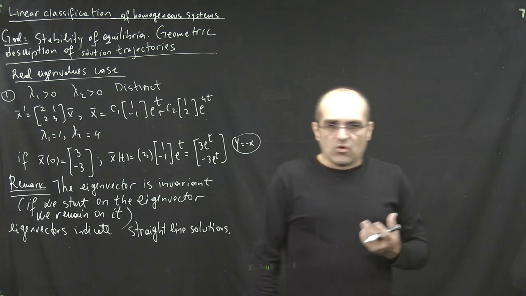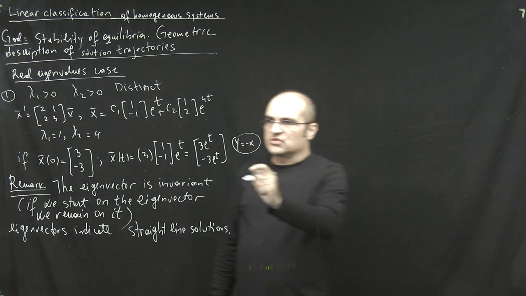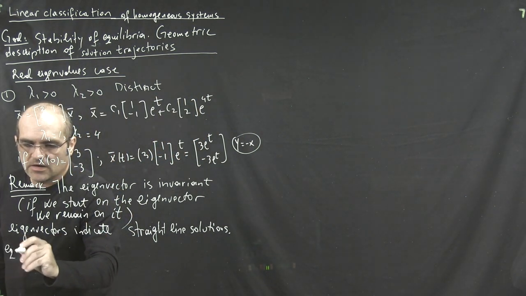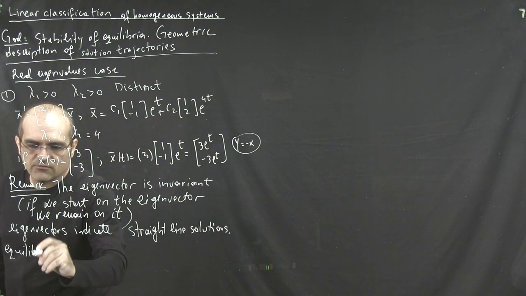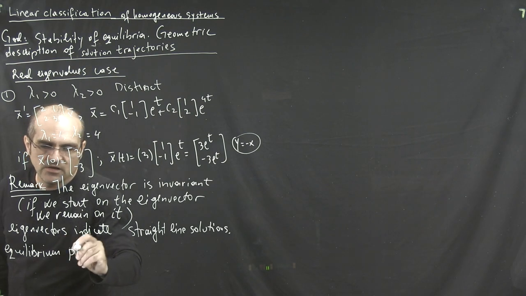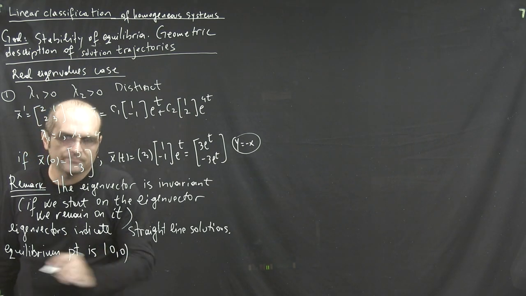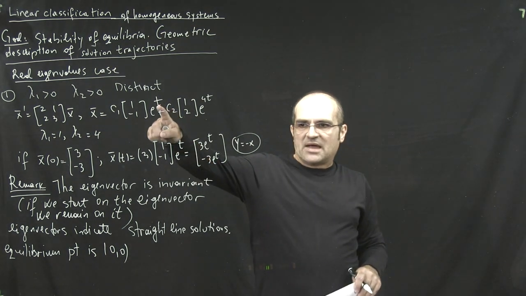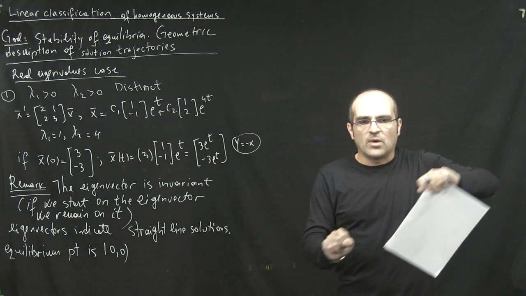What else can we say about the motion with respect to the equilibrium point, which is 0, 0, by the way? The only equilibrium point for this system is 0, 0. Because the eigenvalue is positive, it's clear that you move away from 0, 0.